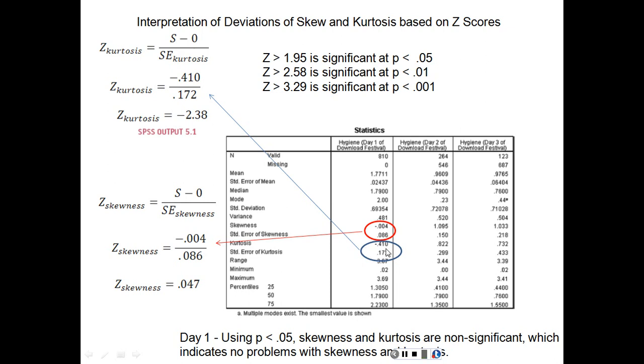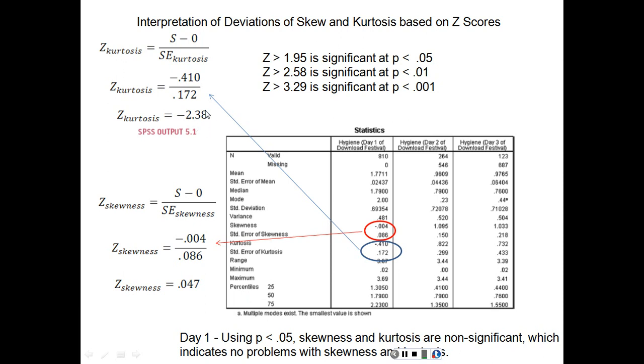So it would be your kurtosis statistic here minus 0 divided by the standard error of kurtosis. So that's why it's negative 0.410 divided by 0.172. And that would give me a kurtosis z-score of negative 2.38.